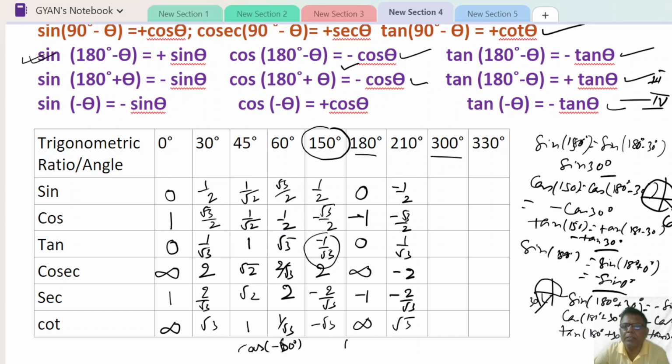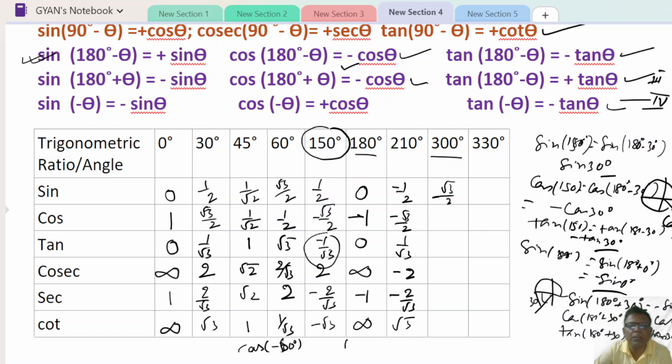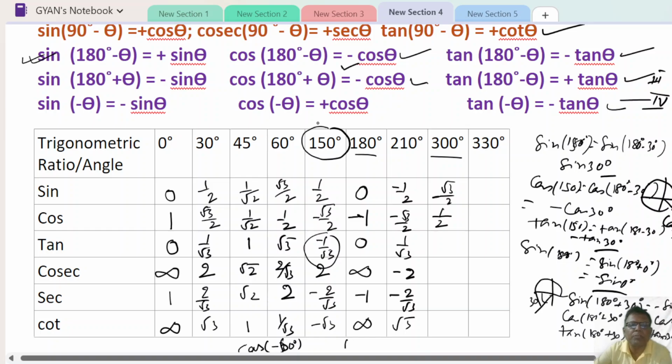So minus sine 60 degree, that is minus root 3 by 2. Here cos will be positive, cos minus 60 degree is cos 60 degree, which is half. So here it will be half because it is positive.